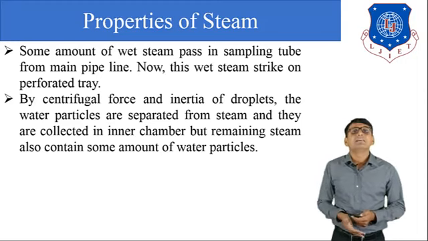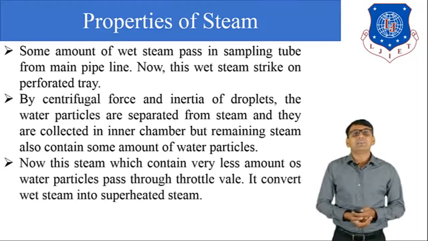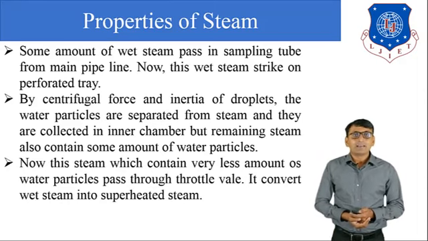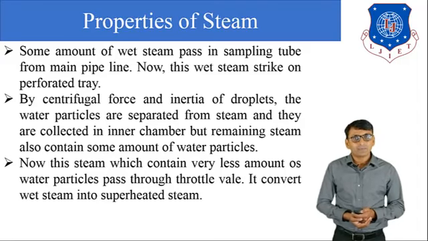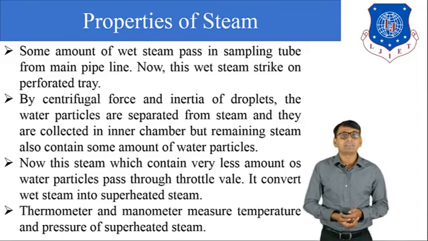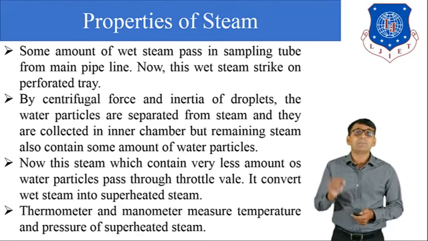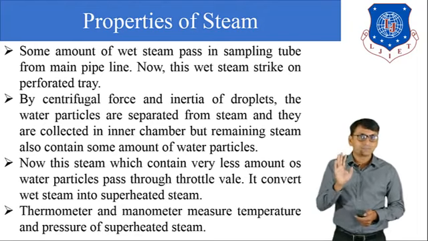Remember this. This remaining steam passes toward the throttle valve, which converts wet steam into superheated steam. The temperature of the superheated steam is measured by the thermometer and the pressure by the manometer.